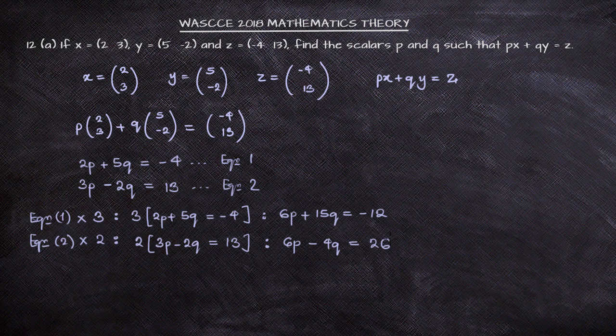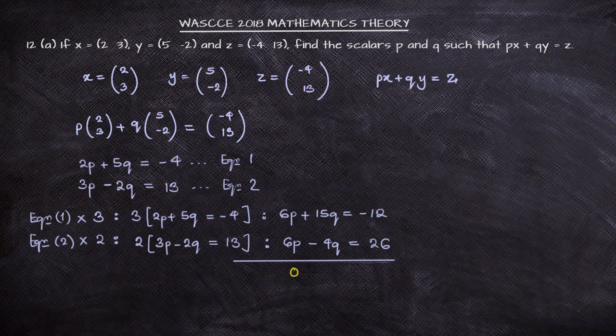Now looking at these two new equations, 6p is common to both. So if you are to subtract the 6p's, we subtract themselves out, and it's as if we are putting the negative number into each value of this equation. So 6p minus 6p will be 0. 15q minus 4q will give us 19q, and we also have the other.